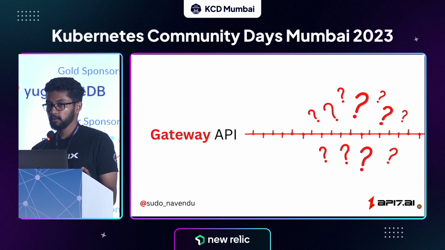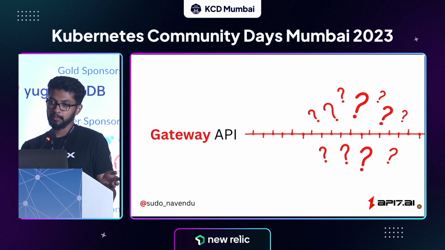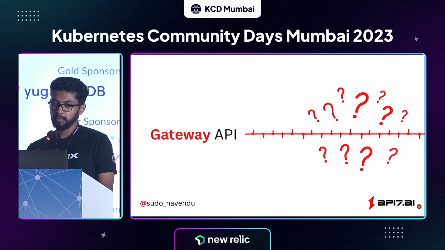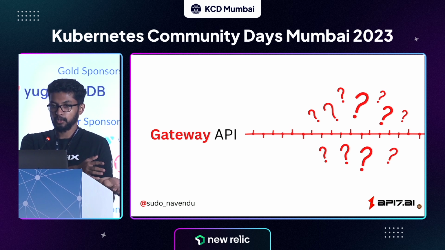And using this in production might be difficult. So until the project becomes more mature, I would still suggest people use the CRDs provided by the Ingress controllers, where you have to sacrifice some portability, but it becomes more usable.